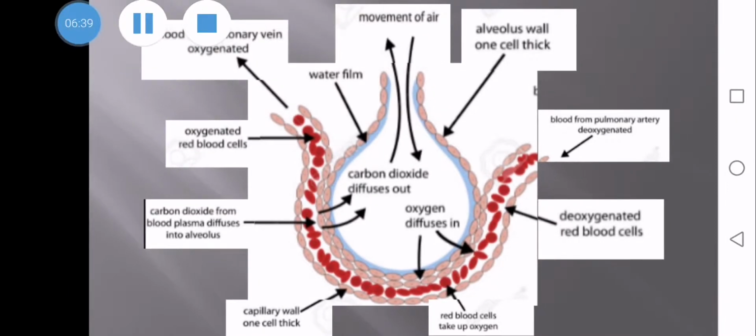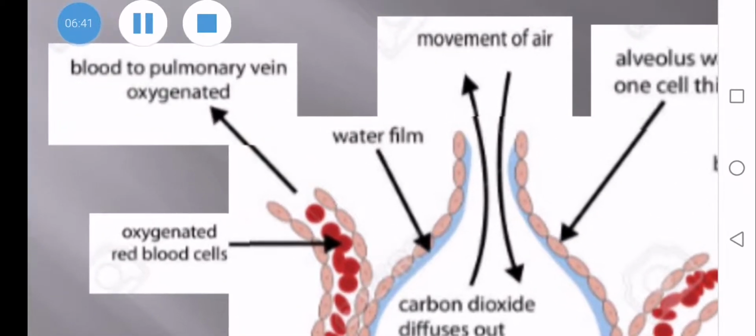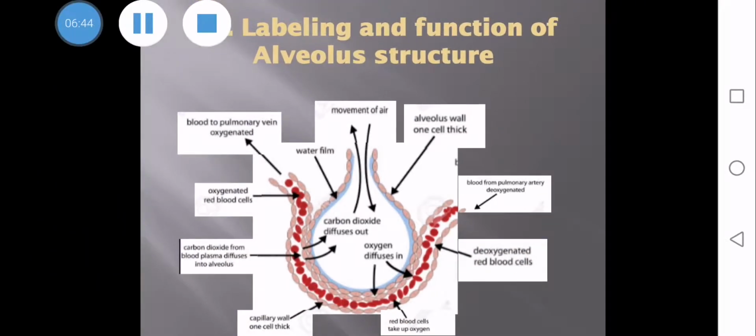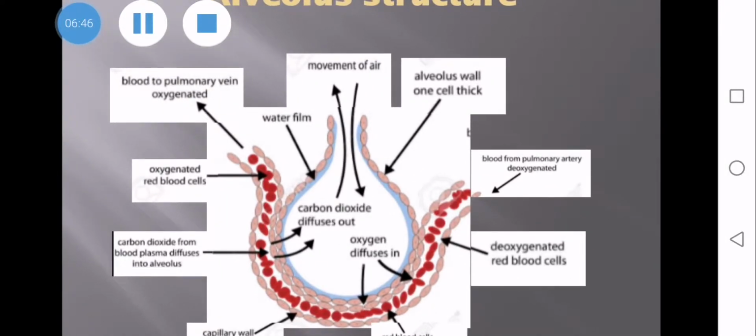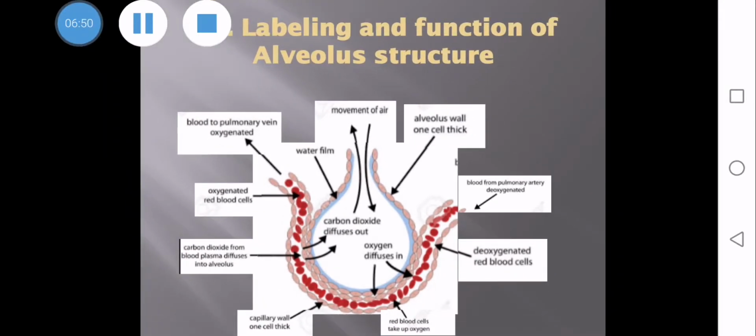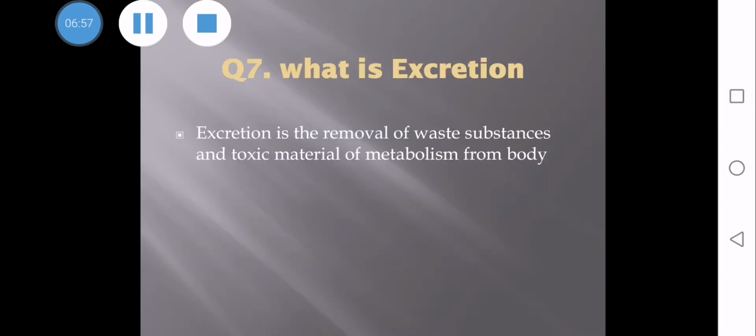So the blood which you can see here is completely oxygenated, and the blood which is entering is deoxygenated. So the deoxygenated blood will automatically turn into oxygenated blood after passing through the lungs.